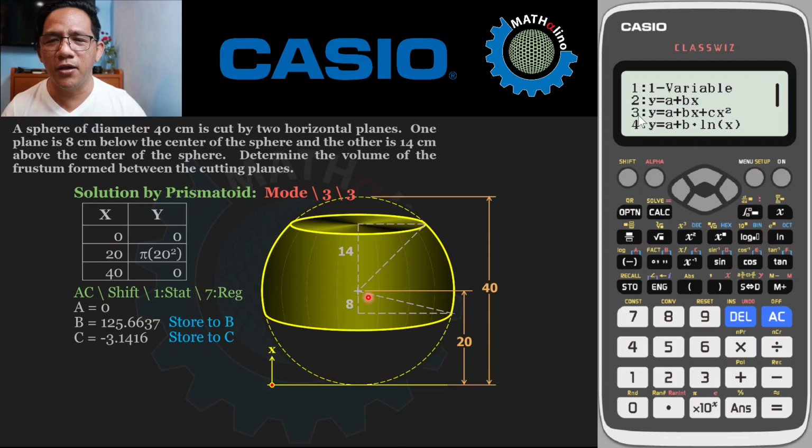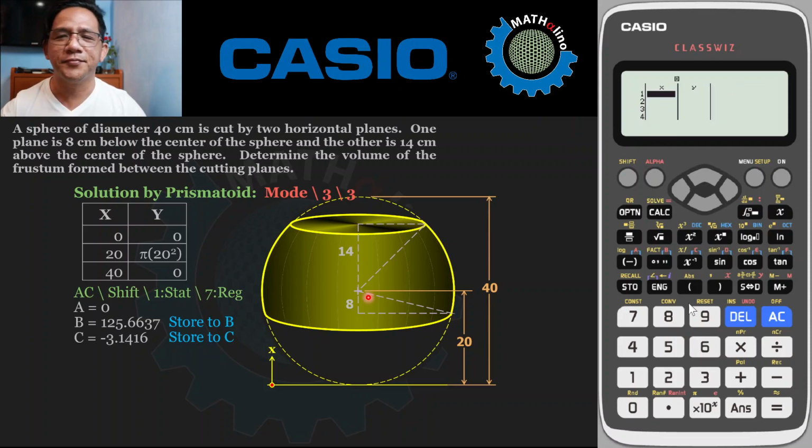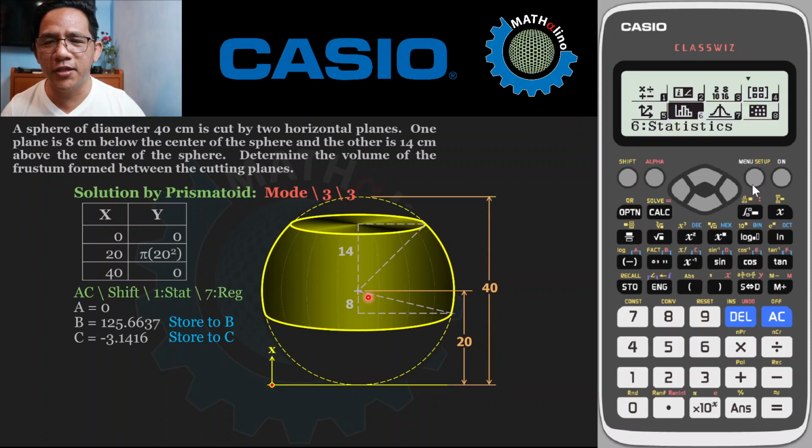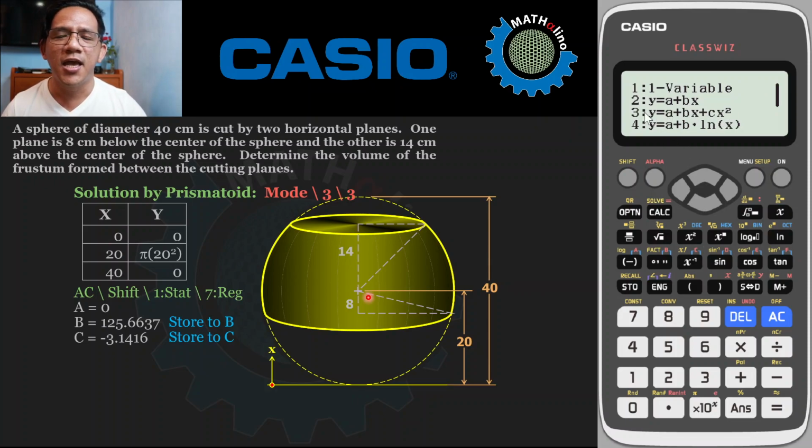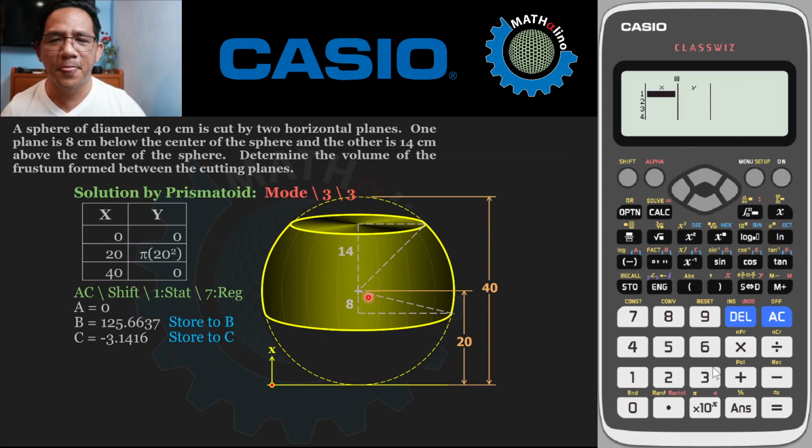I will use number 3, and I am going to discuss why I use number 3 here. Take note that number 3 is quadratic regression in the statistics mode. So number 3, we have 0. Let's repeat that process. 0, 20, those are the distances from the reference datum of the areas.